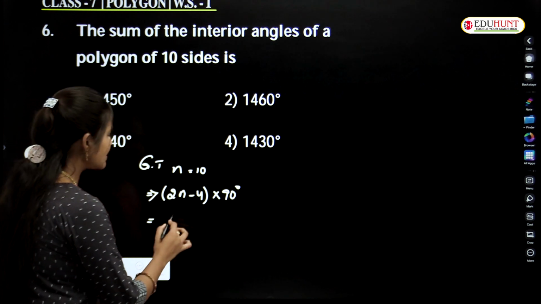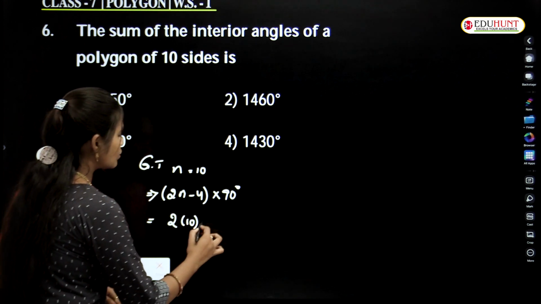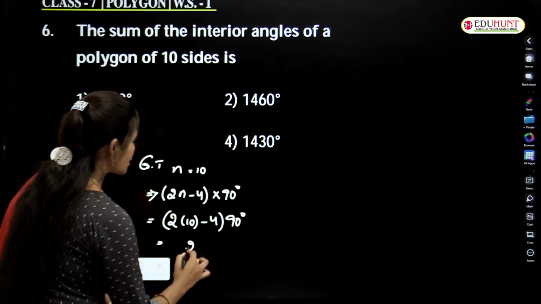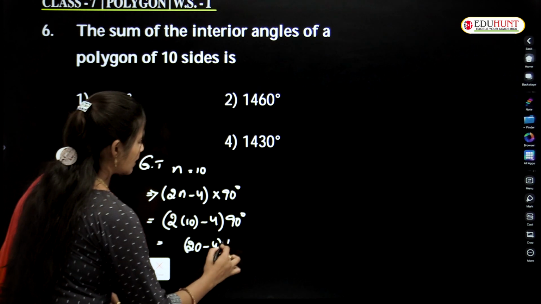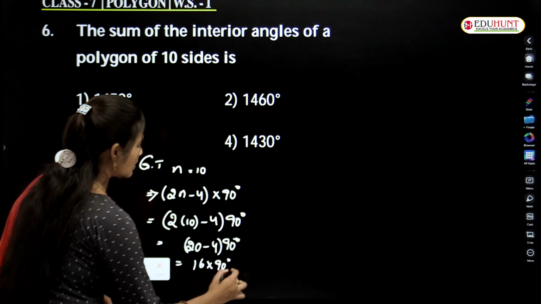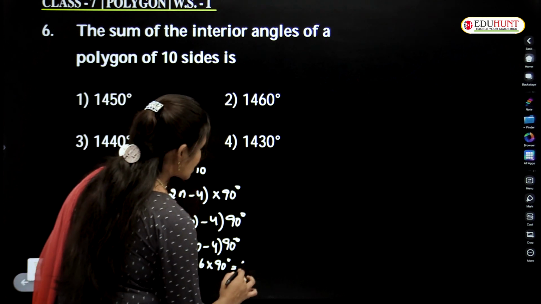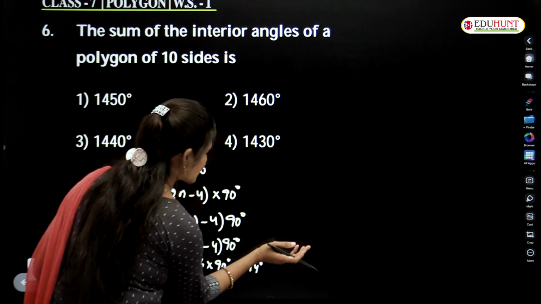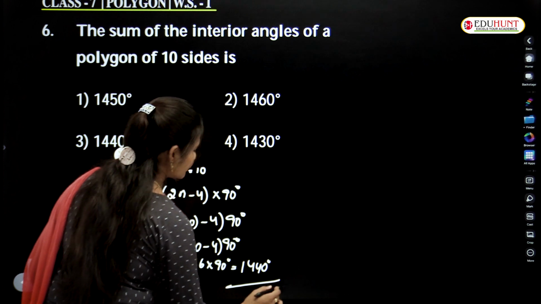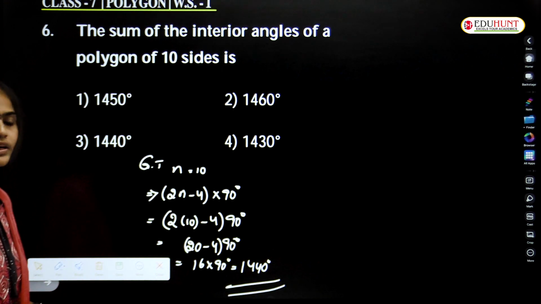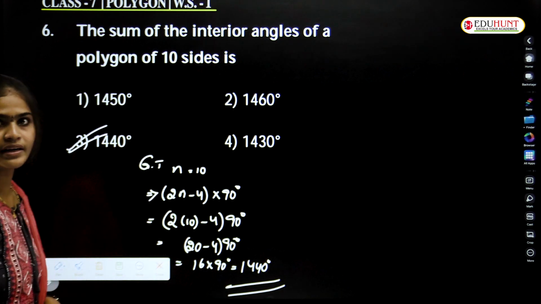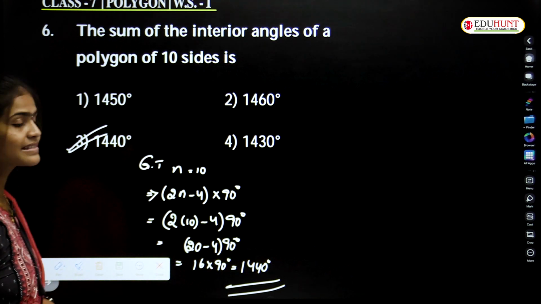Substitute n equals 10: 2 into 10 minus 4 into 90 degrees, which is 20 minus 4 into 90 degrees, which is 16 into 90 degrees, which is equal to 1440 degrees. So which is the correct answer? 1440. Option 3 is correct.